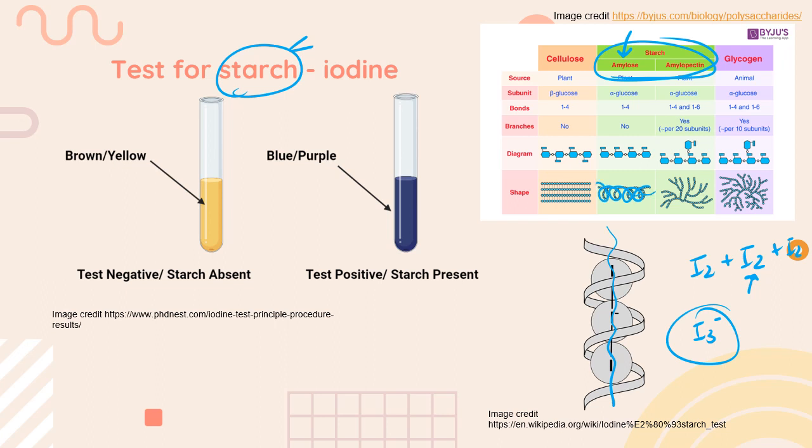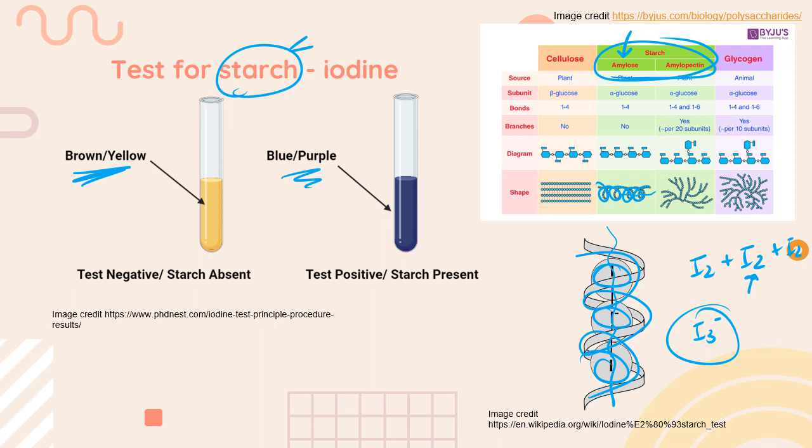So they just kind of slip inside like that. And when they do that, they turn from a brownish yellowish iodine color to this super cool blue purple color from this complex between the amylose helix and that triiodide ion that slips inside. So this is how we know if we have starch in a sample.